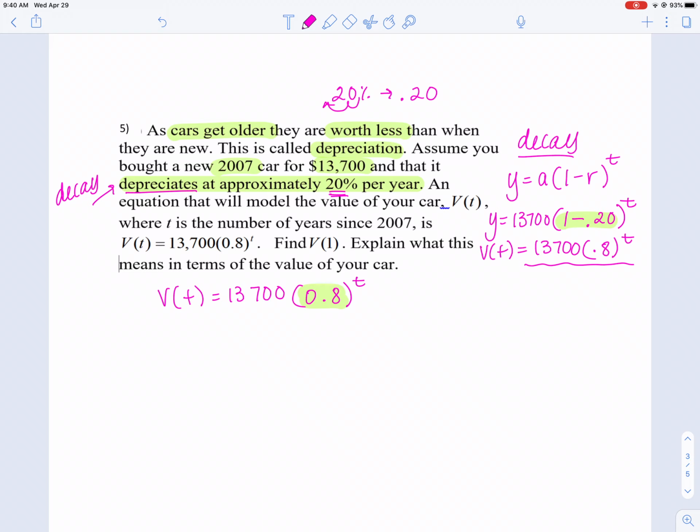And just know that's exactly what they gave you. I want you to know where 80% or 0.8 came from. It's the 1 minus the rate. So they want to know, how much is your car going to be worth? V of 1. That means after 1 year. So all you need to do is take your 13,700 times 0.8 and raise it to the first power.